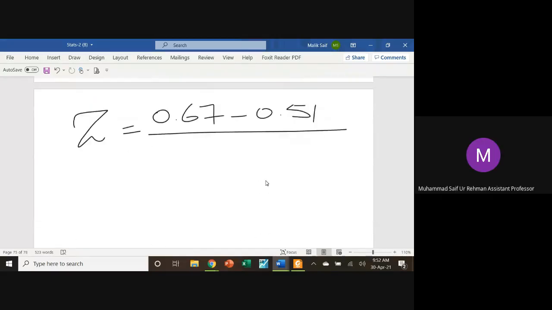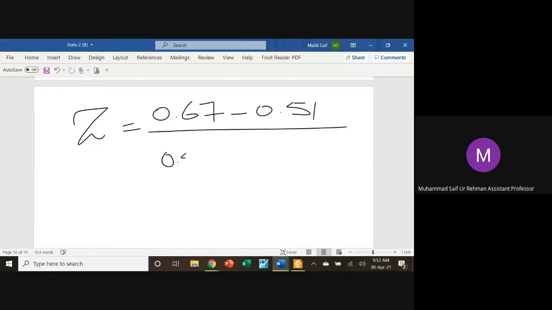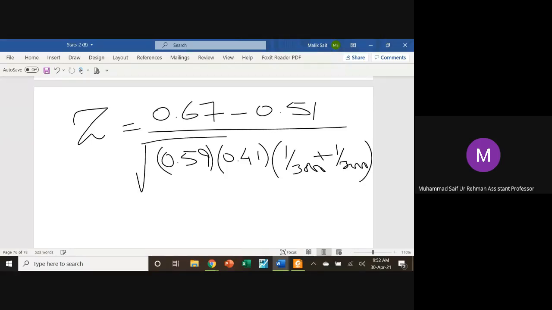So now write down here 0.59 multiplied by 0.41, and in the braces 1 over 3000 plus 1 over 3000. Braces close, take the square root of this and see what is the answer.